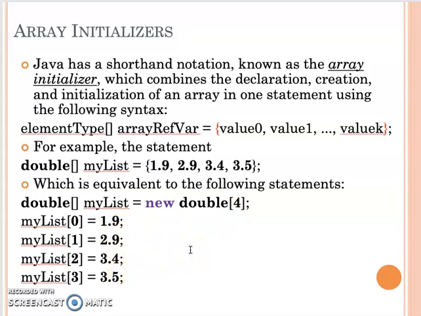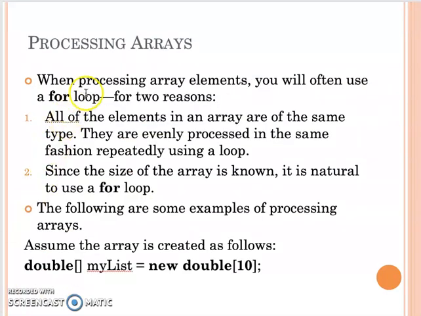The most important reason we like array notation and array objects is that their index starts from 0 to size minus 1. Whenever we want to do the same process on all the elements in the array, we can always use a for loop to make that happen, because all the elements in the array are the same type and are processed in the same fashion repeatedly by the loop.